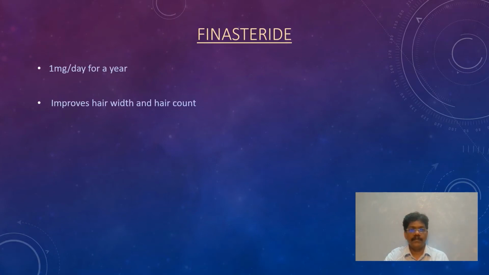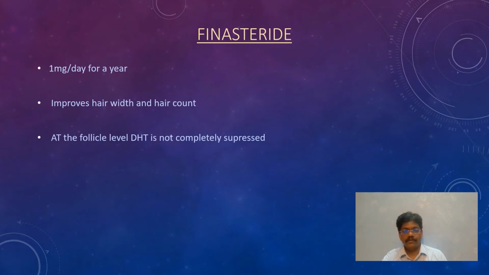That is the dosage recommended for treatment of genetic hair loss. It improves hair width and hair count, and prevents progression of hair thinning in genetic loss. At the follicle level, DHT is not completely blocked. So, finasteride does not completely block the level of DHT at the follicle level.